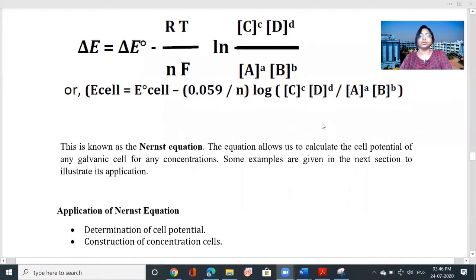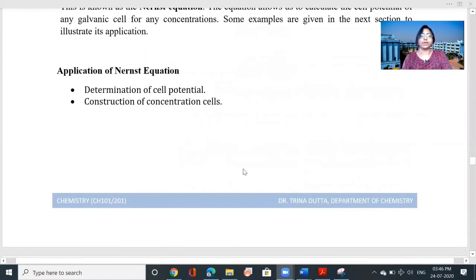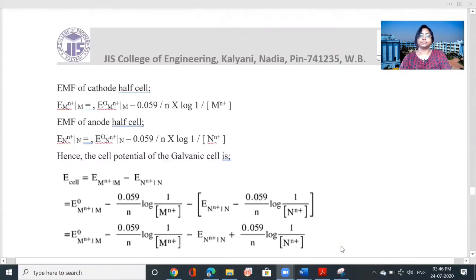So from the Nernst equation, you can write for a single electrode, then you can determine the cell potential, and the construction of a concentration cell. So this you can do with the Nernst equation.